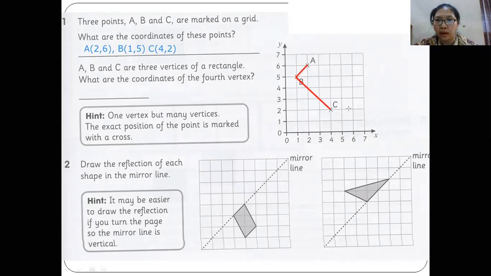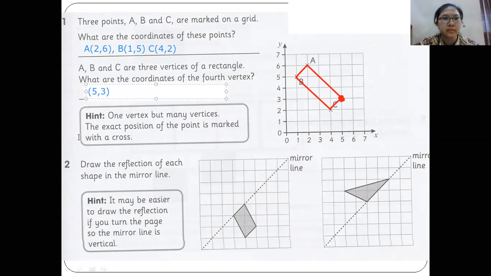B and C should also be one diagonal line in distance over here to make a rectangle. Therefore, D should be plotted over here. Where is D? What is the fourth vertex? D is (5, 3).